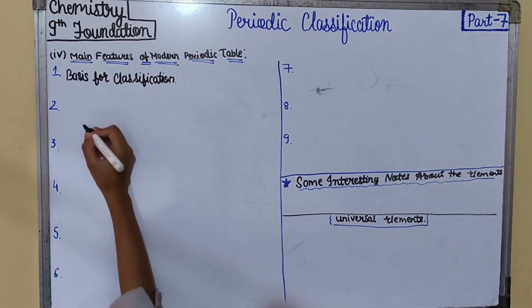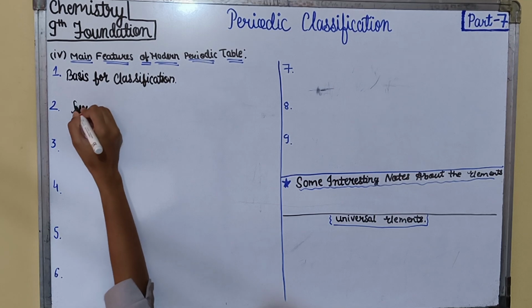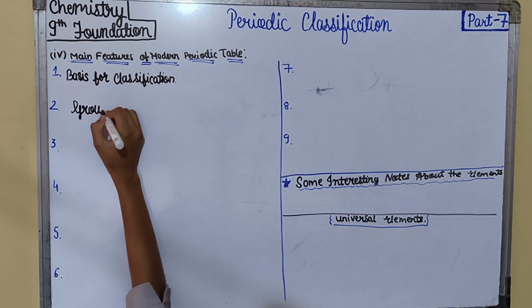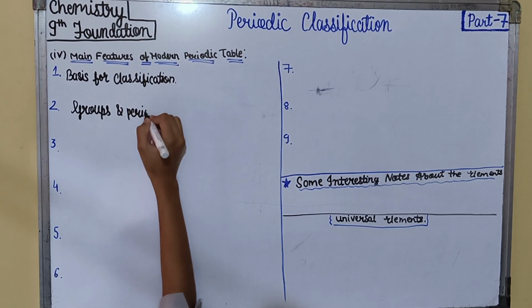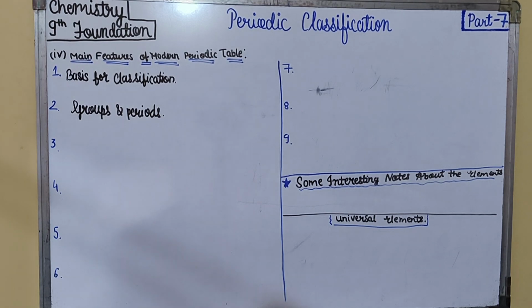Second is groups and periods. The elements are arranged in horizontal rows called periods and vertical columns called groups.